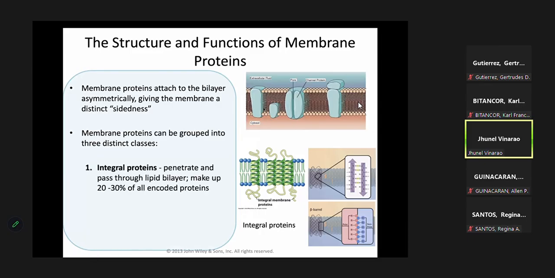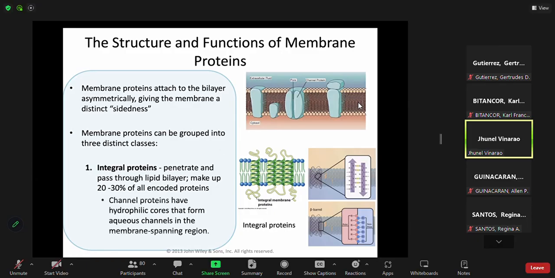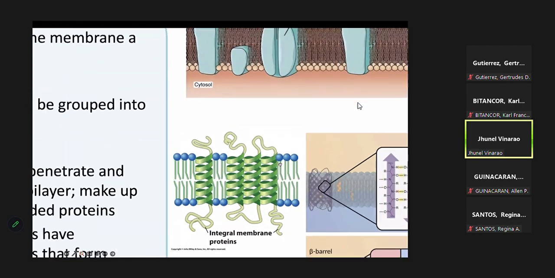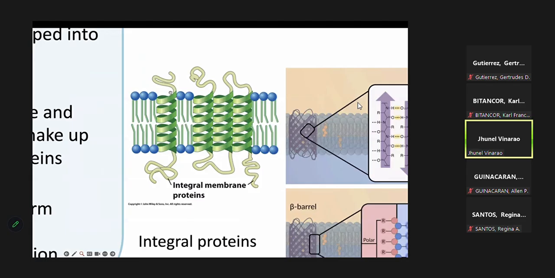So we'll now discuss the different proteins embedded in our membrane. Though it was mentioned earlier, one kind of membrane protein is the integral protein. It can occur as a single one or as chains.